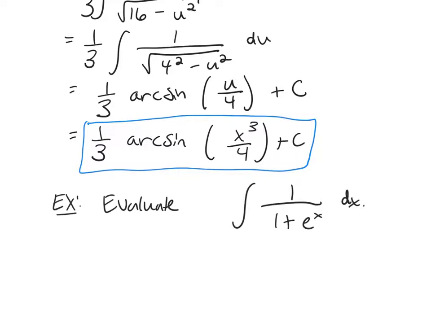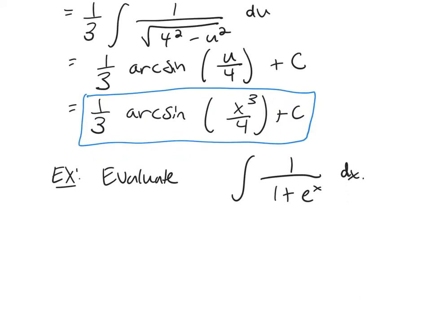What would you want u to be? Well, u could be e to the x, or it could be 1 plus e to the x. In either case, we should go with u being 1 plus e to the x. du would be e to the x. So I need another e to the x in my integral, and I don't have it. So this substitution won't work currently.